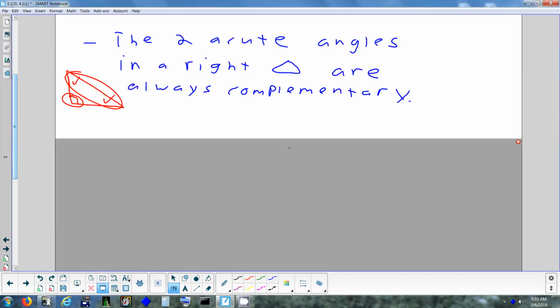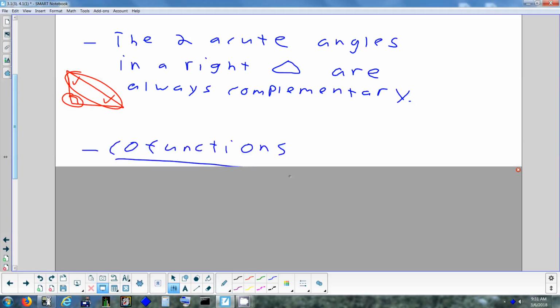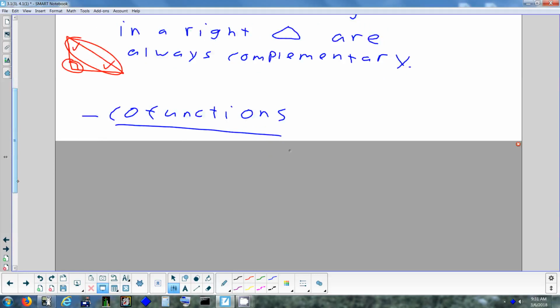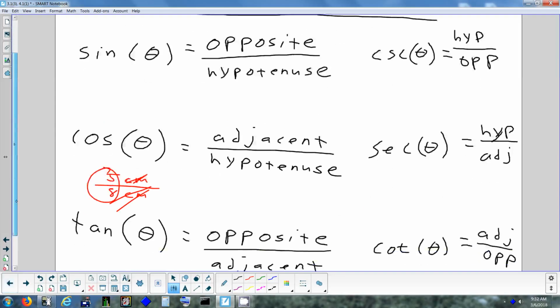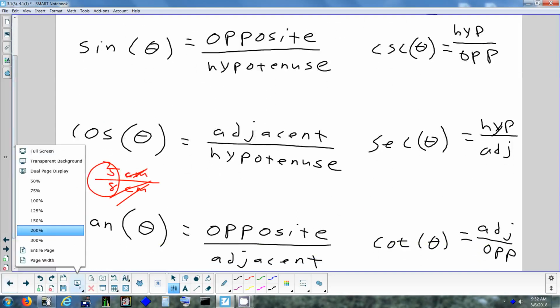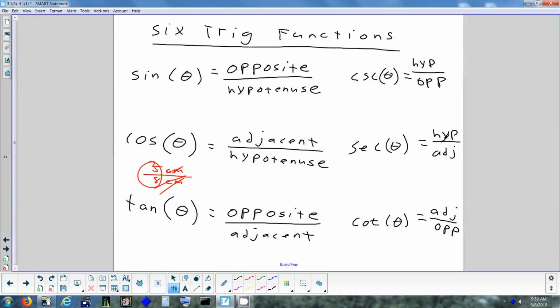Okay, so now I'm going to show you something else. I'm going to show you what's called cofunctions. Once I explain what these are, then we're going to tie the idea of cofunctions and complementary angles together in a theorem. Very concise, very simple theorem. So there's 3 pairs of cofunctions. If we go back and look at the 6 trig functions, cofunctions are when you take a function and then just put the word co in front of it.